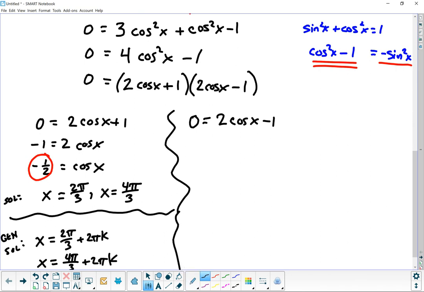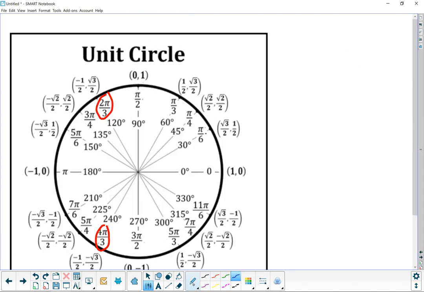For this other one, solve it just normally, and you get 1 equals 2 cosine x divided by 2, and you get 1/2 equals cosine x. And so we would get x equals for our solution. Again, this one we're looking for, when is the cosine equal to 1/2?